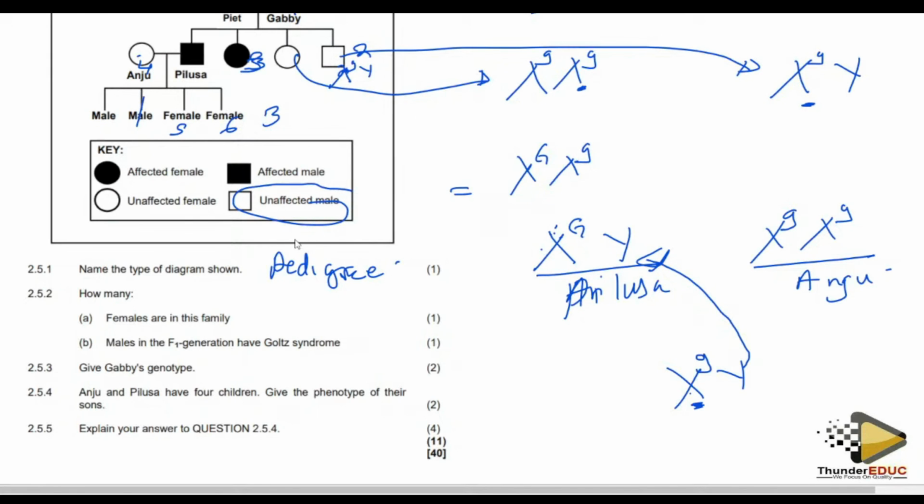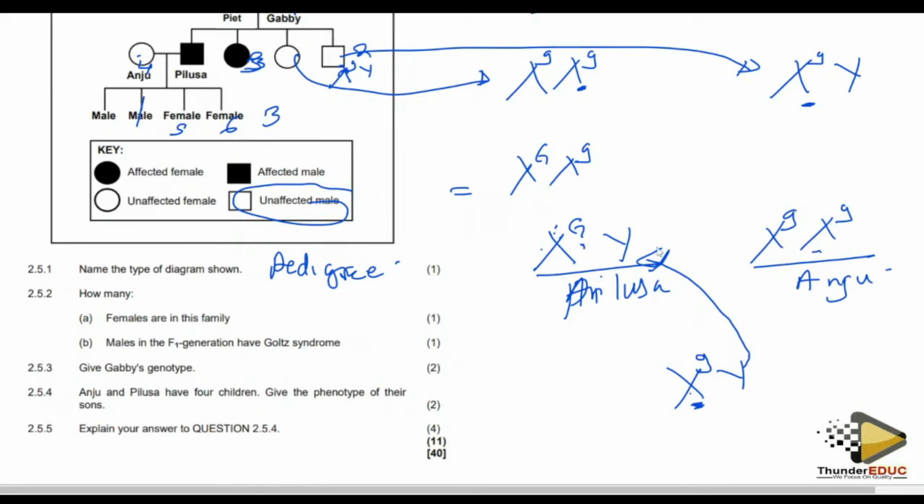Explain your answer. This question is similar to the question we tried to attempt before. Why are you saying that they're going to be unaffected? You can say that Pilusa is affected by a dominant allele, while Anju is unaffected.